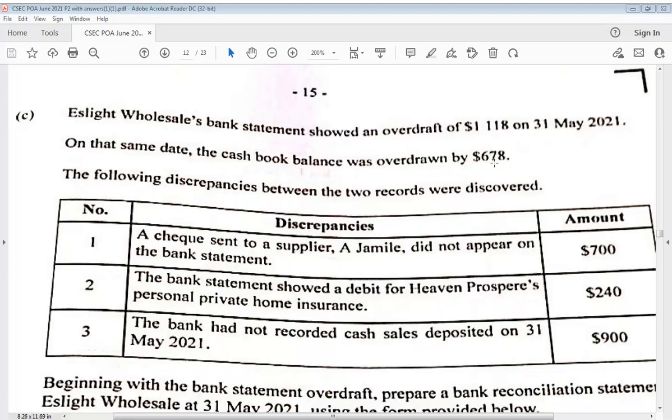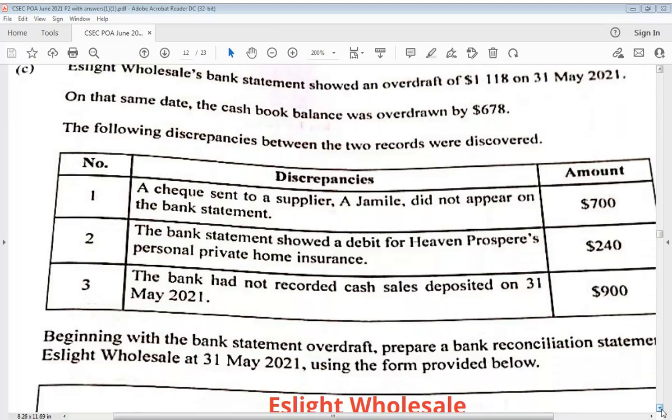So there has to be an adjustment in the cash book, isn't that so? We know that this is going to affect drawings. So what we would have to do with that figure? We would have to add this 240 to 678 so that it could be credited in the cash book. And that would give us 918. So we already know what would go to the cash book.